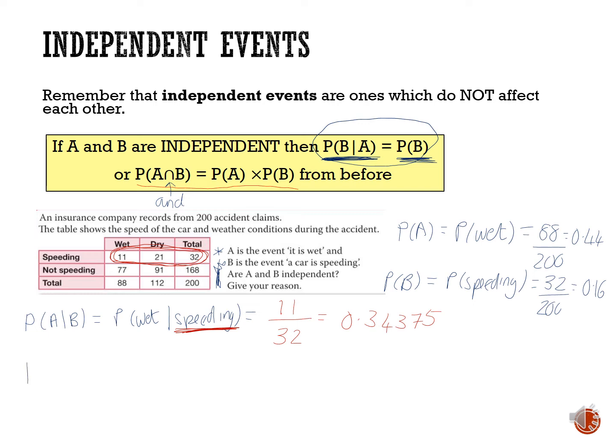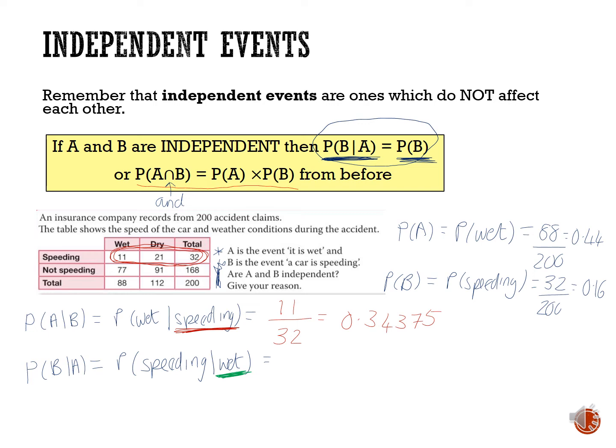Okay, let's do the other conditional probability. Probability of B given A. So that's the probability of speeding given that it was wet. So again, what I want you to do is the given that is wet.